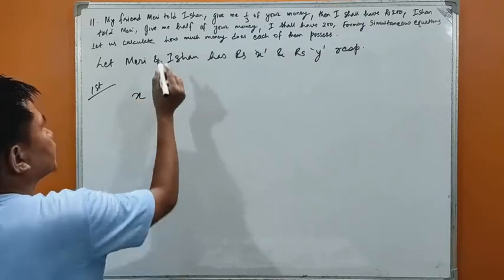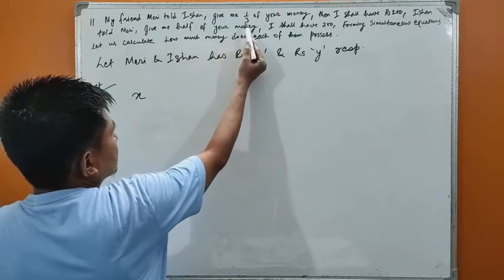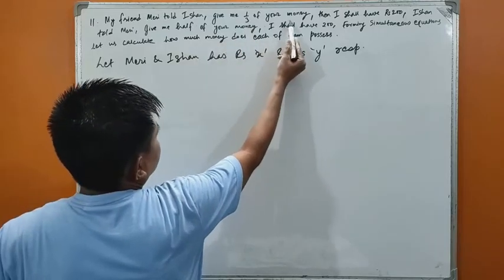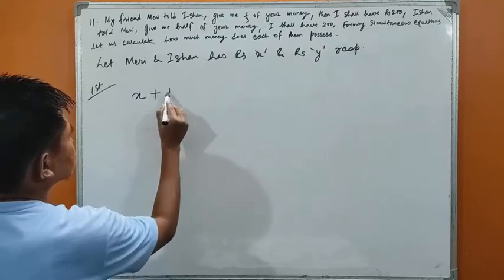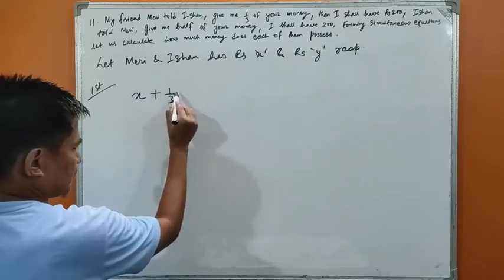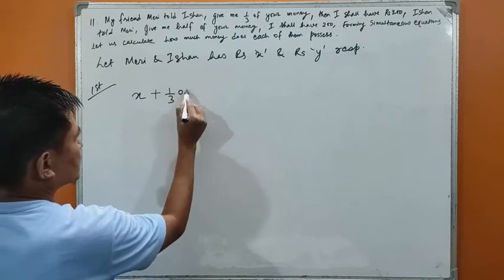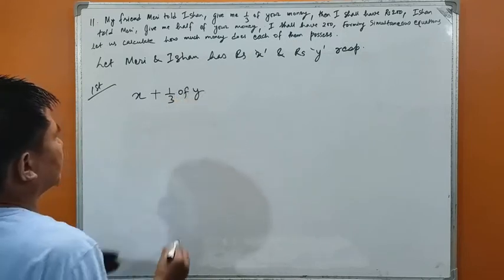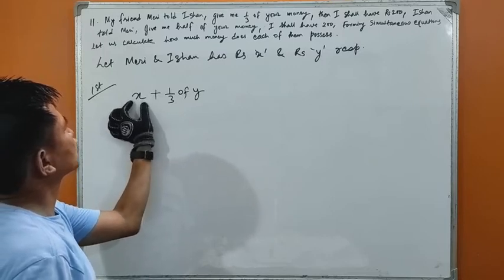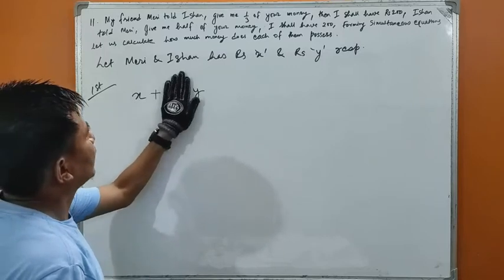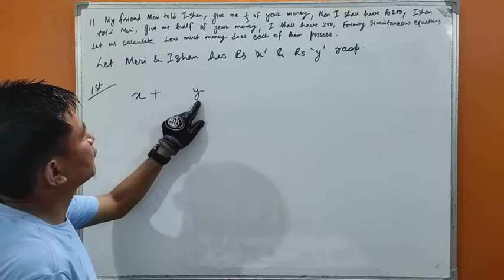According to the first condition, 1/3 of your money, then I shall have 200. Means if 1/3 of Ishan's money is added, isn't it? 1/3 of Ishan's money means 1/3 of y. x is the total money of Mary, and y is the total money of Ishan.